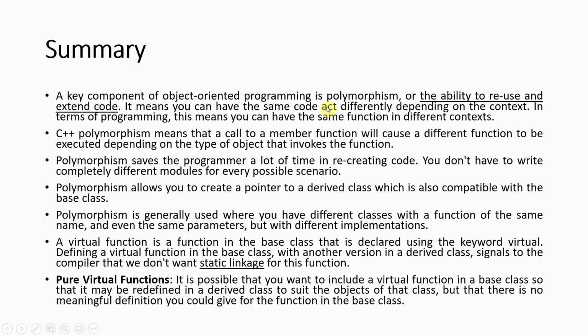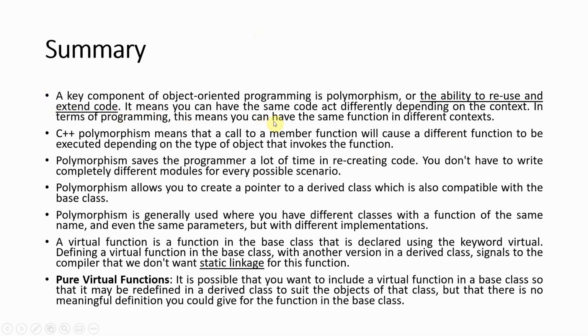It means that you have the same code act differently depending on the context, depending on what that pointer is pointing to or what that reference variable is referencing, depending on if you have virtual functions or not.